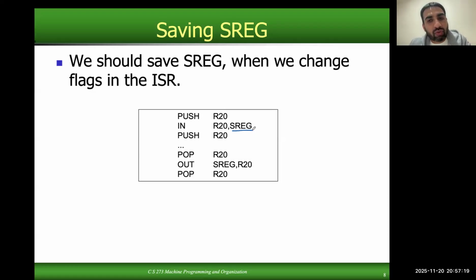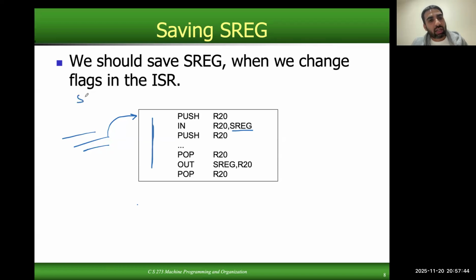For example, overflow flag, carry flag, half carry flag, sign flag, interrupt flag, and so on. So if you are running a main program and an interrupt happens, the control goes to the ISR. The code running in the body of the ISR can change the current content of the SREG.